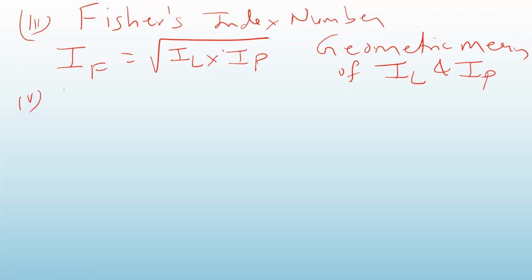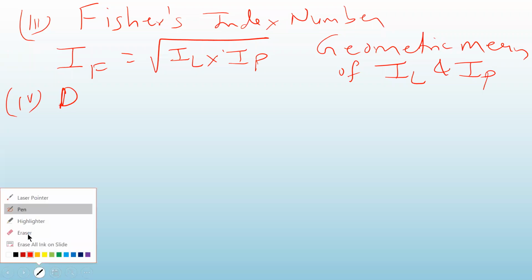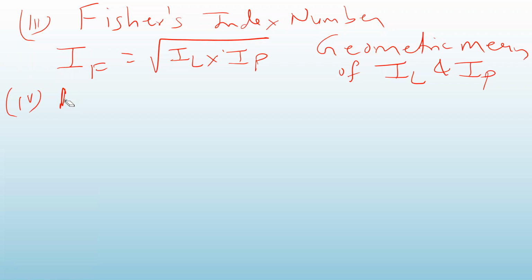The fourth one is the Dorbish-Bowley index number.